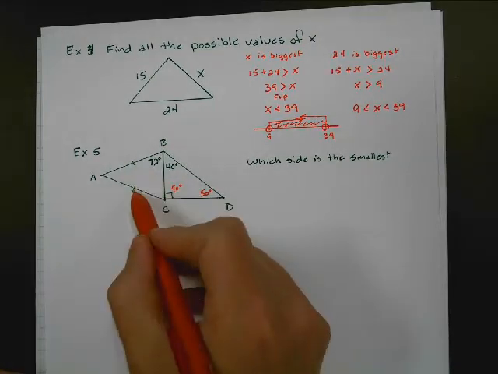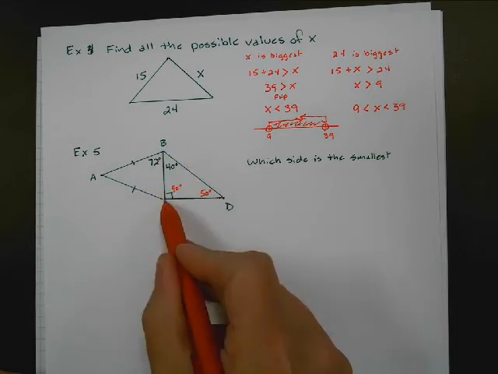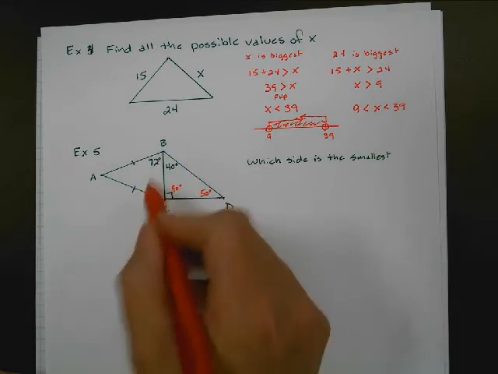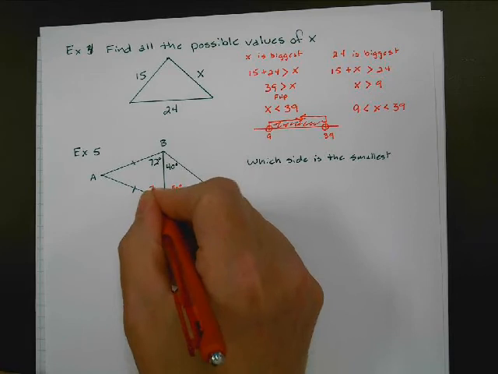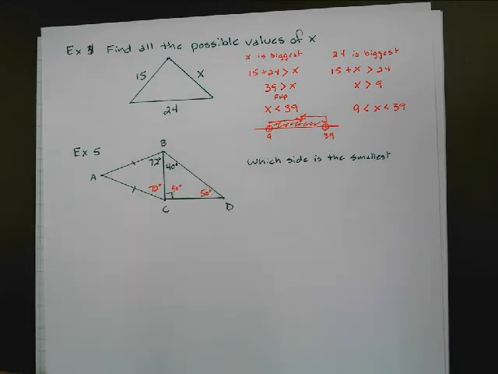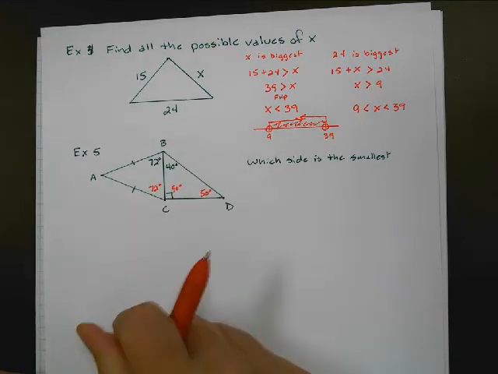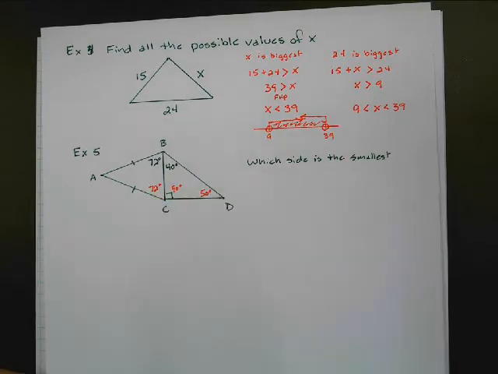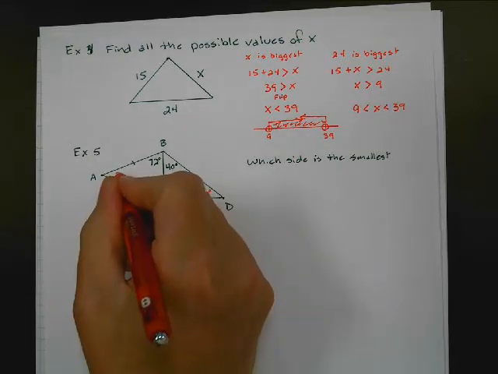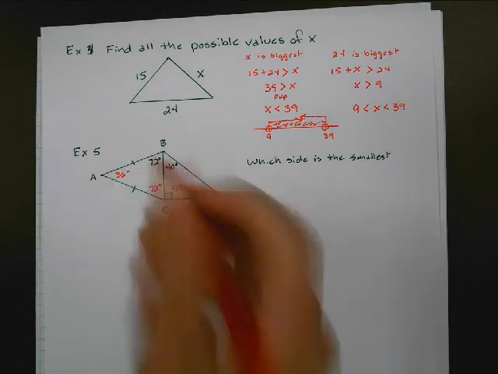If these are the legs, then this is the base, which means that these two angles are both 72. Okay, so if this is 72 and this is 72, that adds up to 144. So if I do the triangle sum theorem, I would find out that this last angle is 36 degrees.